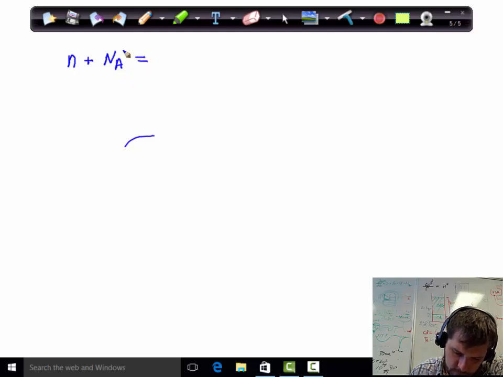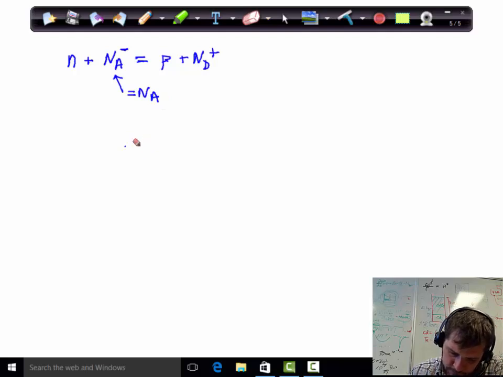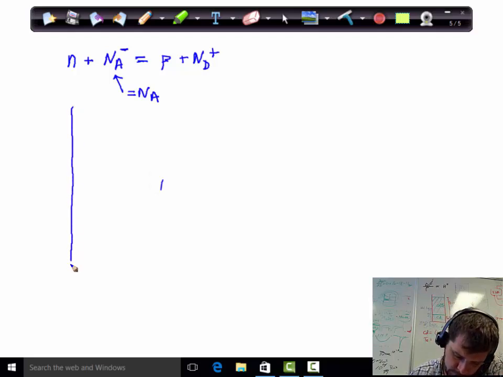So that means that they're Na minus. So that's the left-hand side, and then on the right-hand side we have the hole concentration P plus ND plus, and we can then make the substitutions, and some good analysis has been done over the years, and I'm going to show you the results instead of dwelling on how to do it.